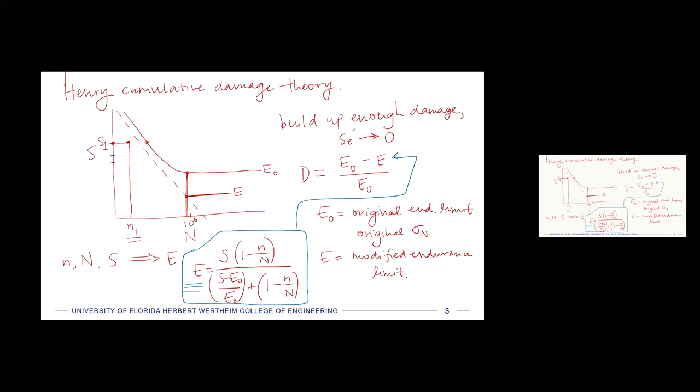So let's go back to our example problem and use this, where we apply our first phase and then modify the endurance limit, and then our second one, and then our third one. One benefit to this analysis is that it is not agnostic to the order in which the stress levels are applied. So we're not just going to say at the beginning that we're doing 3,600 cycles at the highest stress level. We're going to say we're doing 1,200, then we go to the next, then the next, and then we see how we come out.